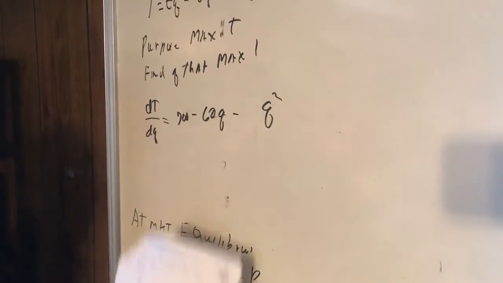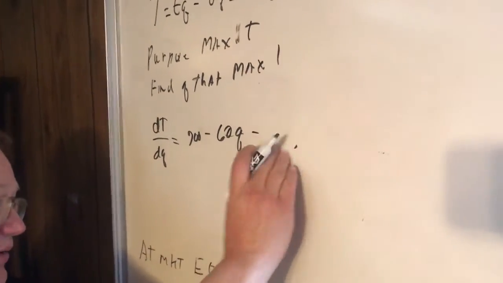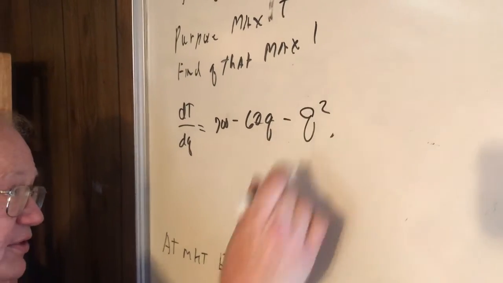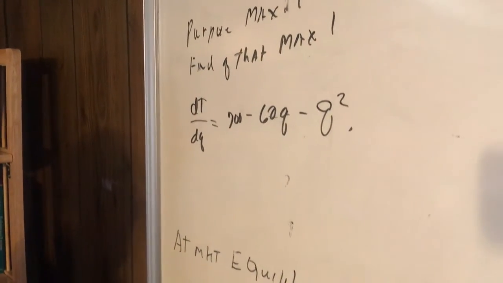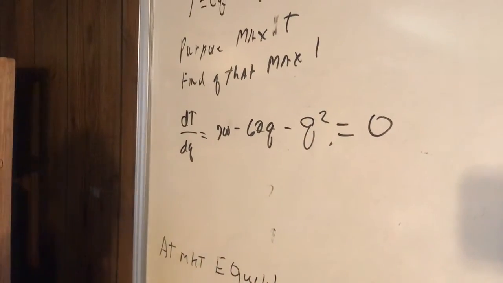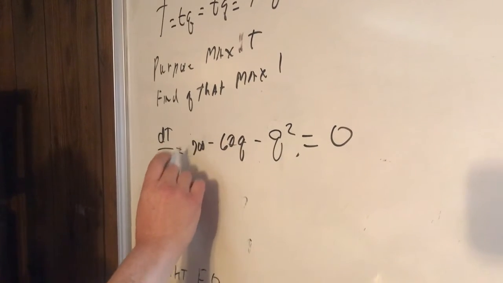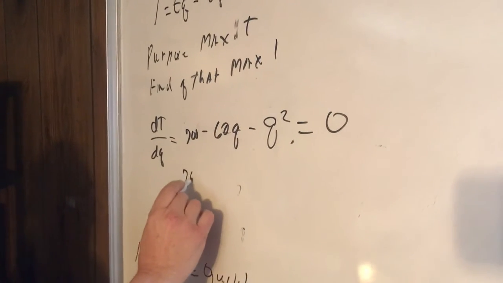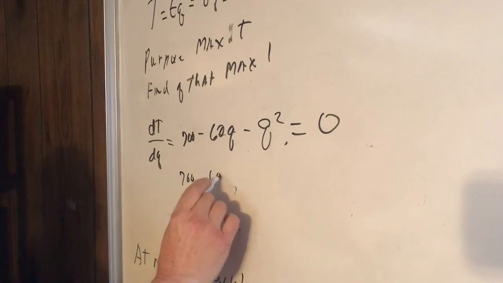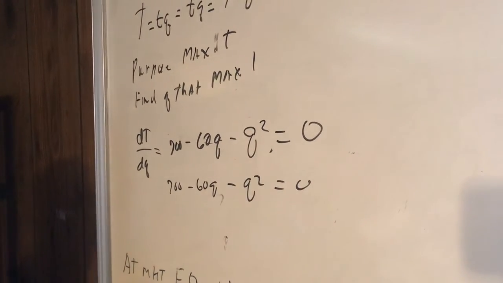And here's the reason I'm doing that. Because when I take the derivative, I now get just minus Q squared. Well, when I set this equal to 0 to find a critical point, I'm going to have 700 minus 60Q minus Q squared equals 0.